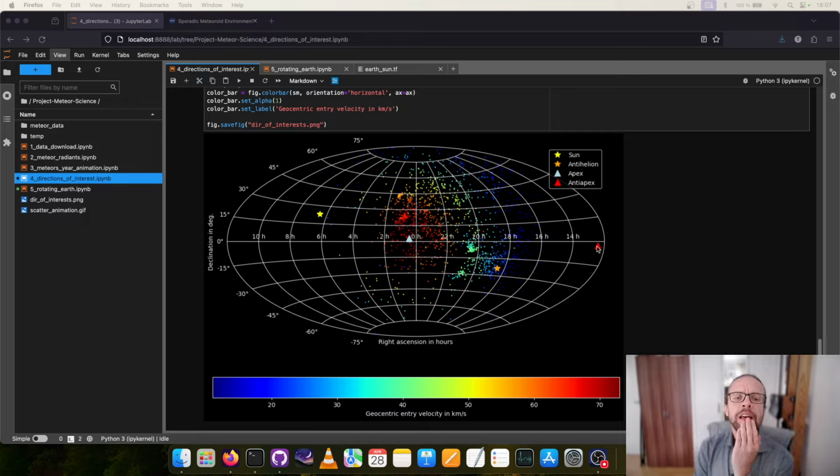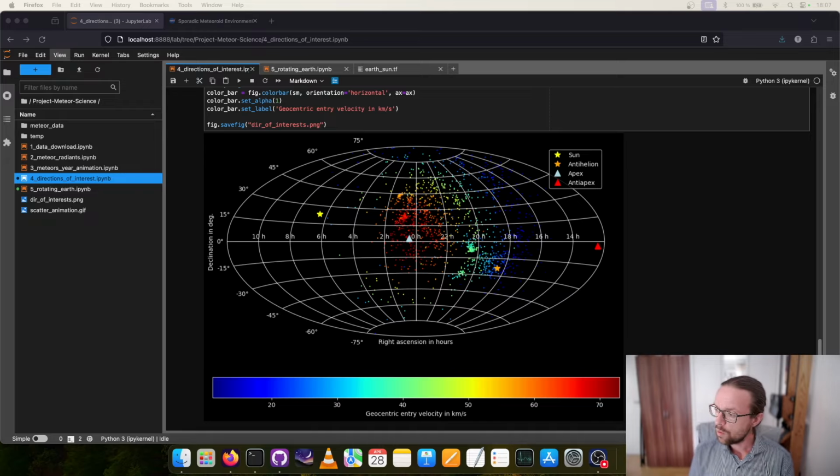Anyway, in today's session, we would like to have a look at all these meteors from the apex direction, anti-apex direction, and so on. But the thing is that in our video here, we had to compute it for different nights. So the question is, how can we display all the things in one plot?